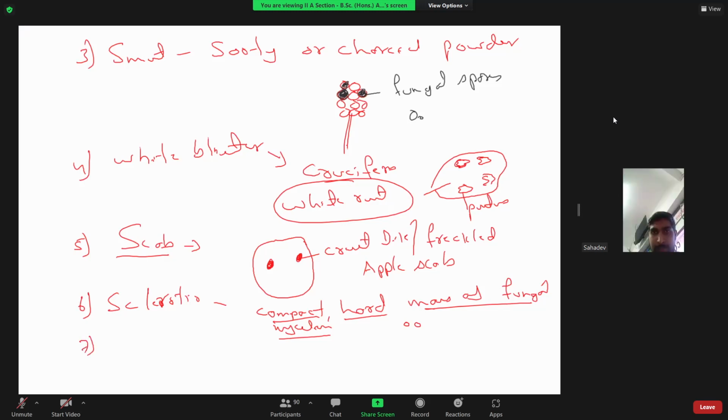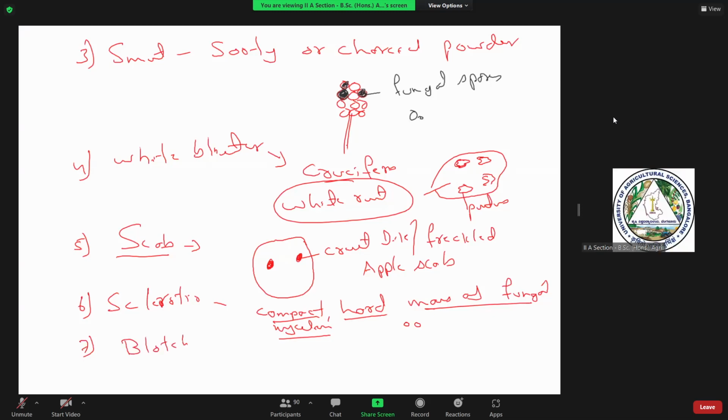Another one is the blotch disease. A blotch is something I can refer to as a superficial growth on a fruit, or like a blotched appearance.